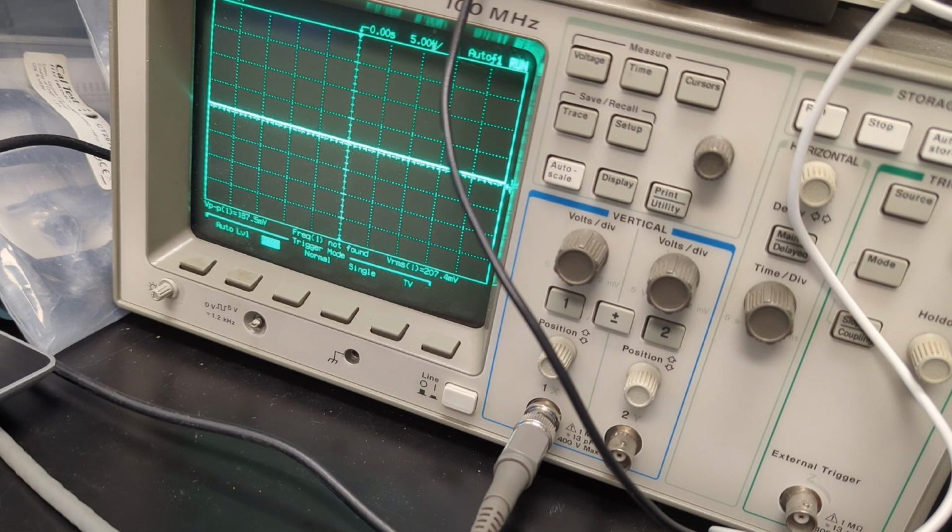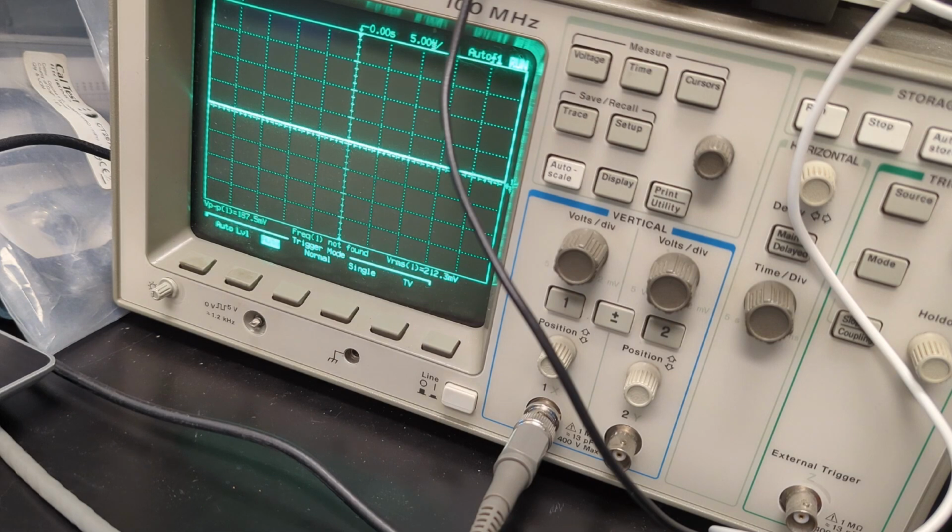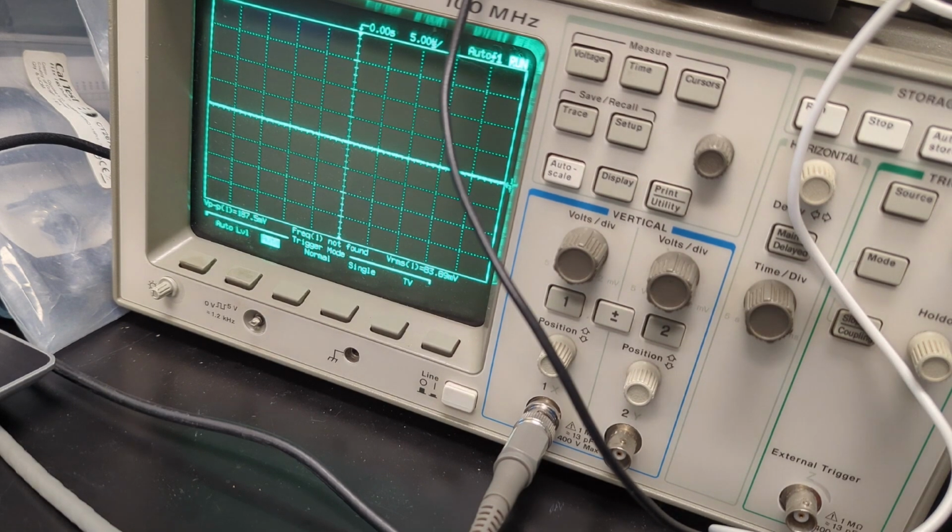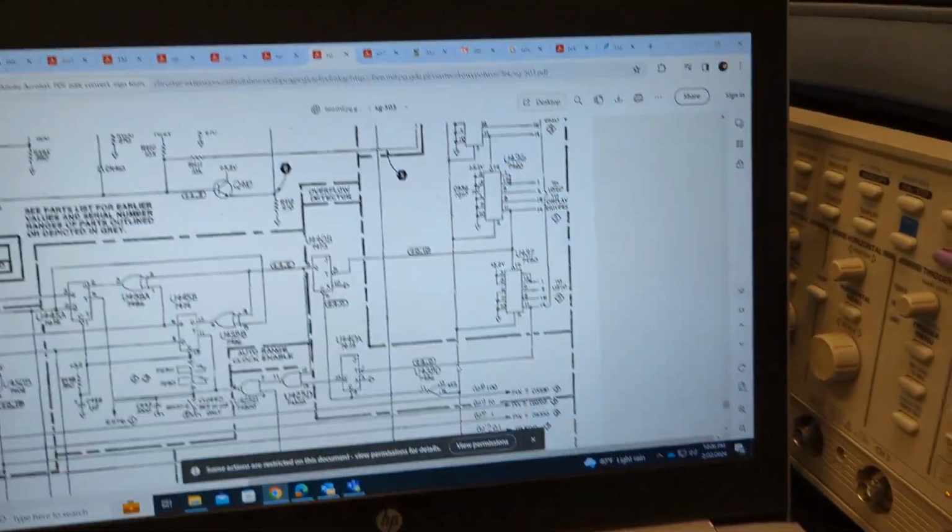And we're getting nothing. Even when I adjust the frequency, nothing. Change the setting, there's nothing there. So that's also a clue that something is wrong with this cascade of counters.